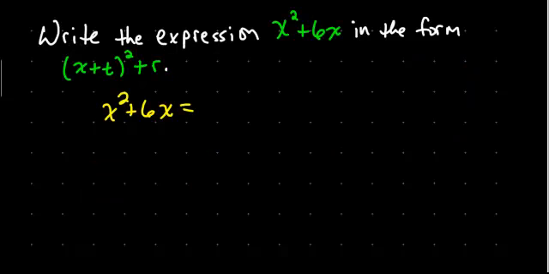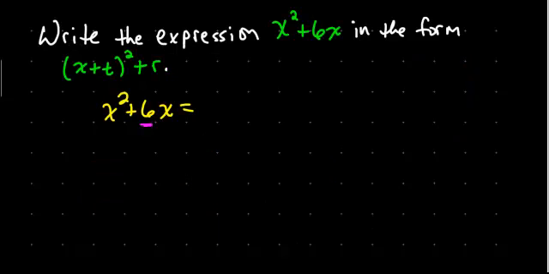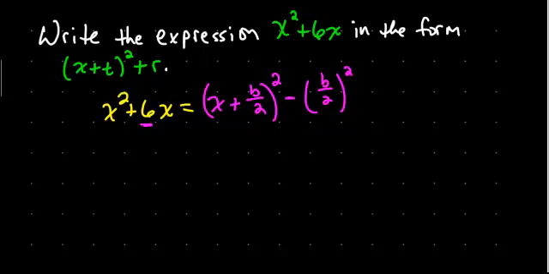It's x plus b over 2 squared, minus b over 2 squared. Our b is 6, so 6 divided by 2 is 3, so it will be x plus 3 squared minus 3 squared, which is 9, minus 9.